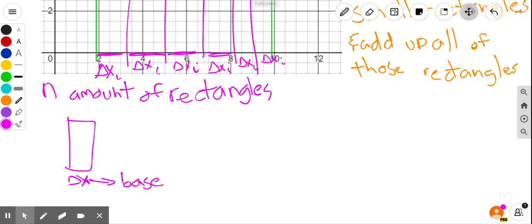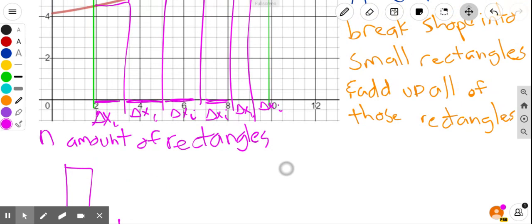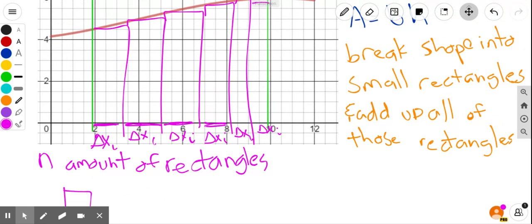And if I go back to the image and I think about what the height would be, well, the height would be the distance from this point all the way up here, which we can just call f of x. And that's going to be true for every single one of these, starting from the bottom.